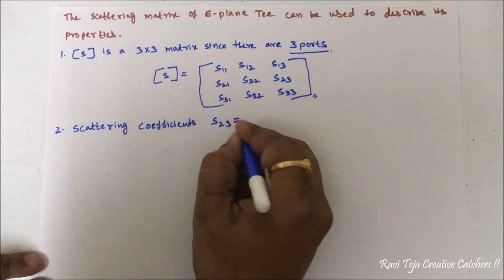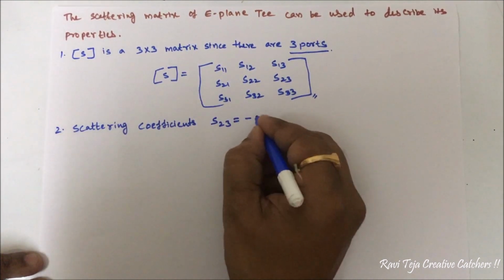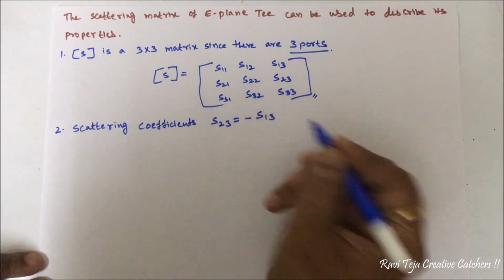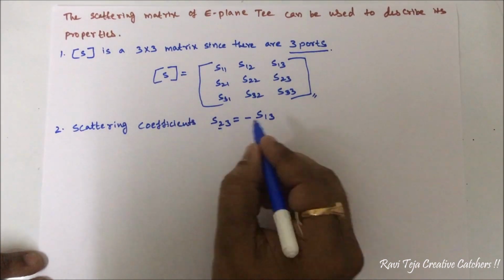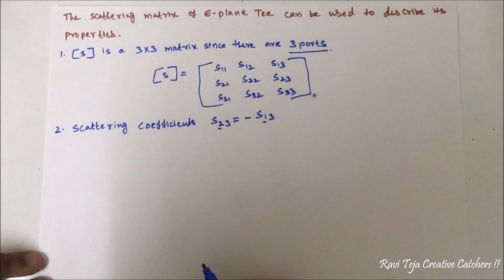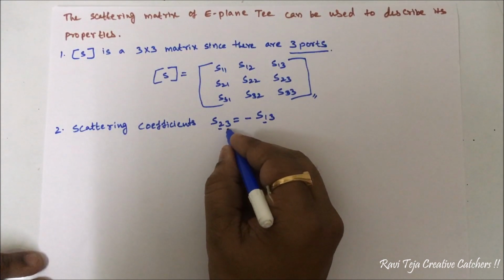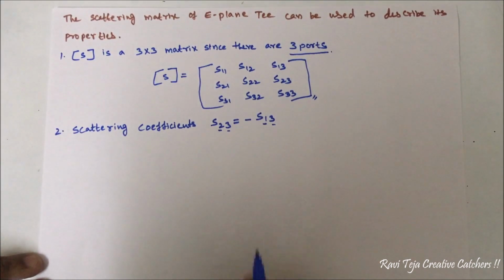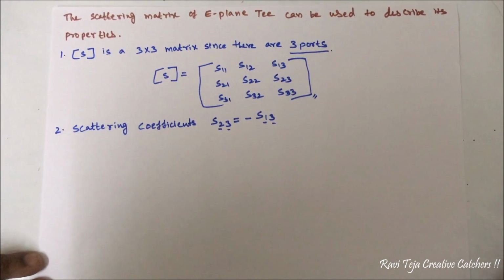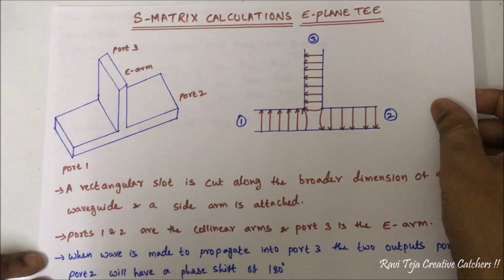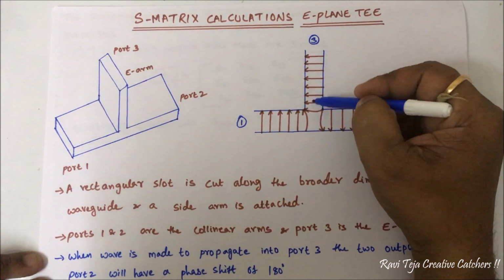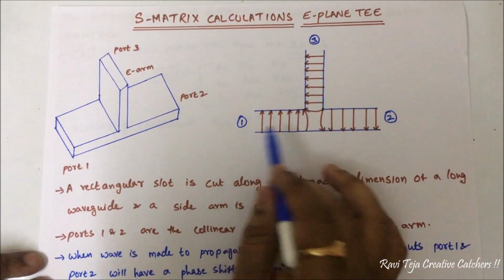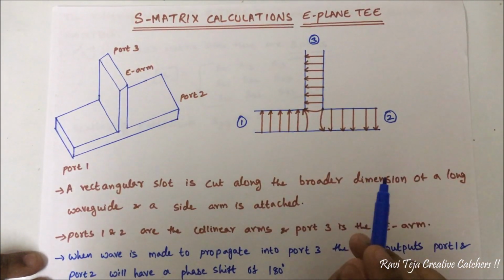Our second point: S23 is equal to minus of S13. Here, 2 and 1 are the two output ports and 3 is the input port. If you see the diagram, the signal is propagating through port 3 and coming out from port 1 and 2.